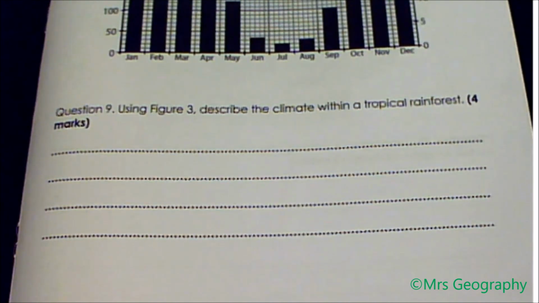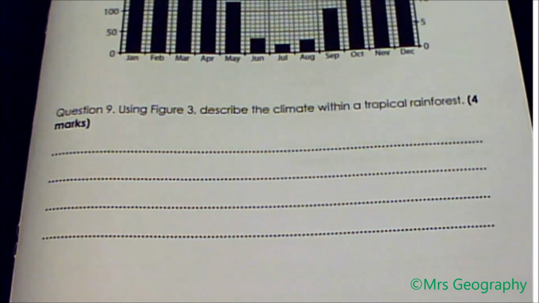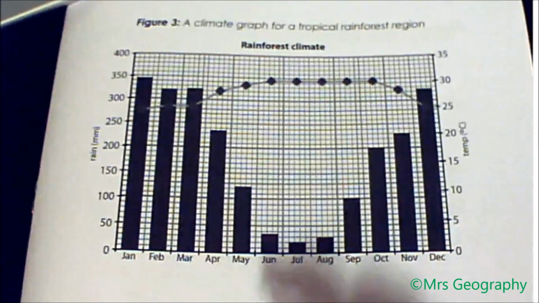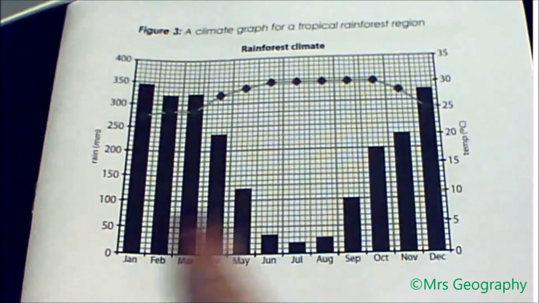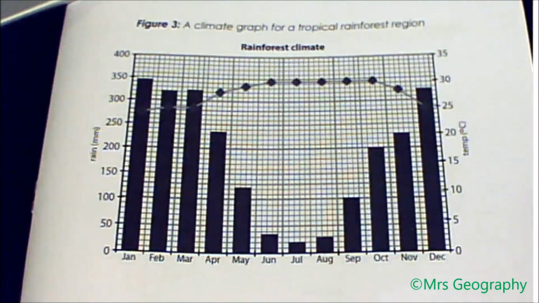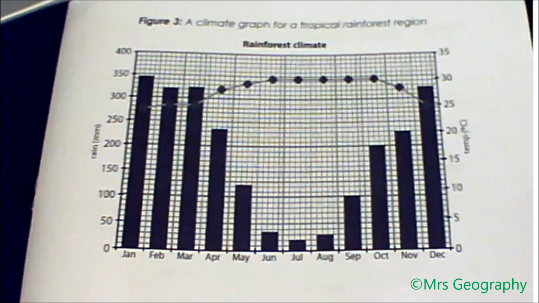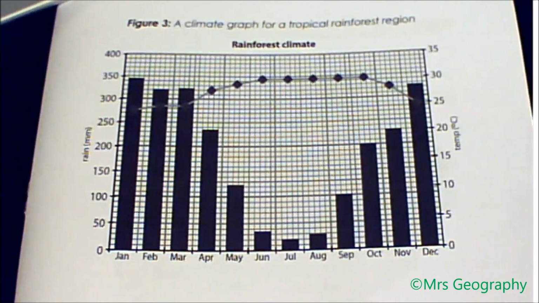Some of you were not looking at the scale on the actual climate graph, and if I show you the climate graph, some of you were not using the axis labels to the left and the right. You must be really clear and use correct figures when you are using climate graphs, and give detail and prove to the examiner that you have looked at it and can understand things like this.